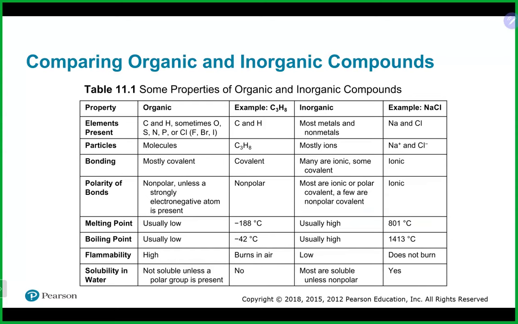Again, as we talked about, inorganic mostly metals and nonmetals, organic typically all nonmetals, carbons definitely involved in hydrogen. Typically they're nonpolar organic versus ionic compounds or polar compounds. And again, lower melting points, boiling points in organic, higher there in inorganic.